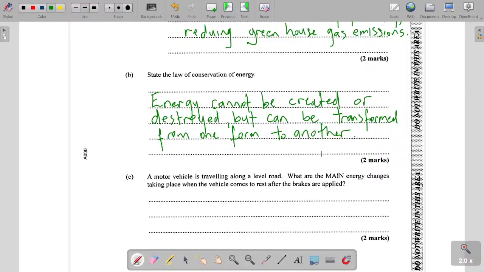All right. So once you have all those 3 elements, right, you will get the 2 marks there.